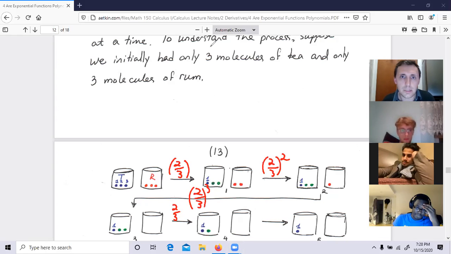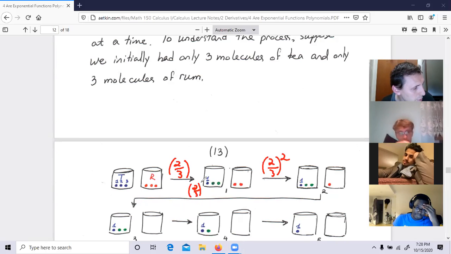Let me just erase this part here. Give me a moment. So surviving this sampling is 2/3 cubed, and then this sampling is 2/3 cubed times 2/3.